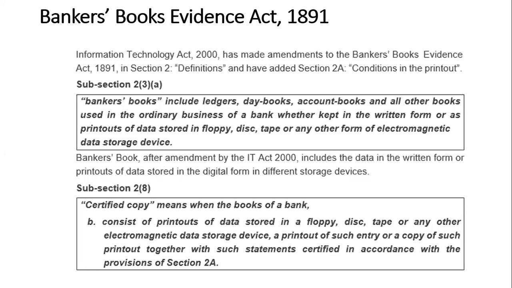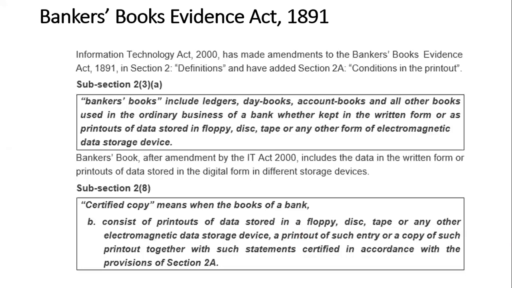And the second certificate must be issued by the person in charge of the computer system. So if you're taking evidence in the form of a floppy disk, tape, or electronic media, then it has to be issued by the person in charge of the computer system, typically the system administrator, stating that the computerized system from where the printouts are taken has proper measures implemented to ensure the integrity of the data, and it cannot be manipulated, nor accessed in any unauthorized manner, or tampered with due to system failure or any other reasons, right?